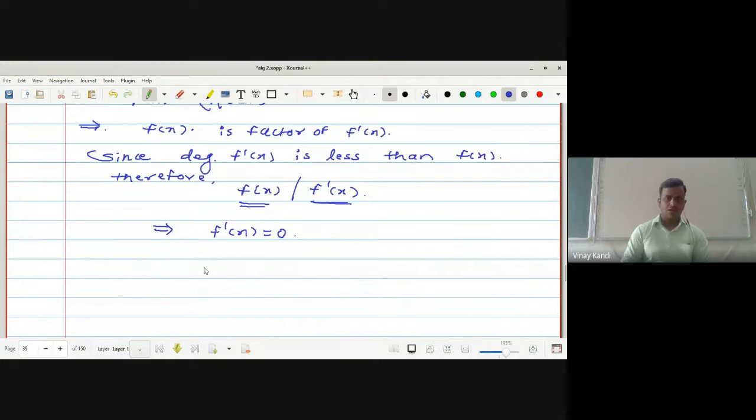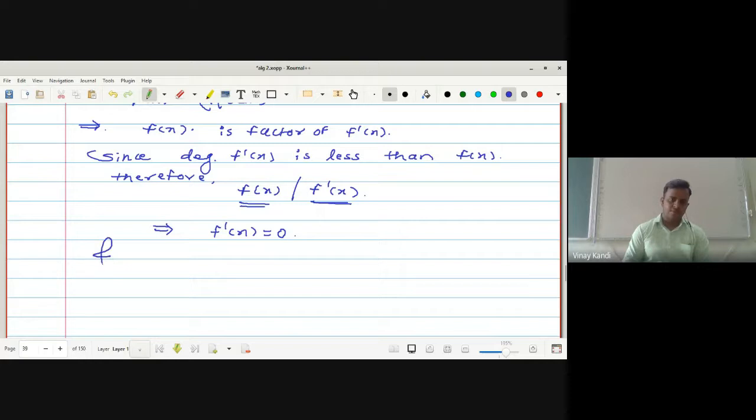Okay, f dash of x is the zero polynomial, because here f of x divides f dash of x, but the degree of f dash of x is less than the degree of f of x. So we must have f dash of x equal to 0.